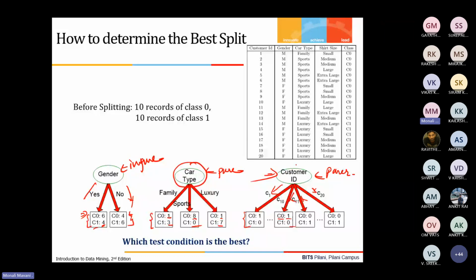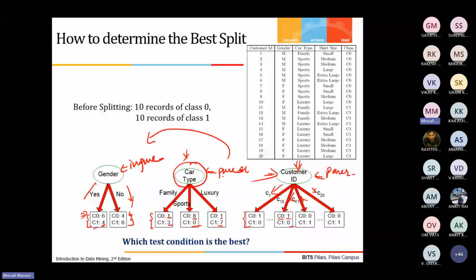In practice, we should not use customer ID. That we'll discuss in the next class. But out of gender and car type, a good node split is car type because it is purer compared to gender. So here we'll have the comparison, and the purer one will be taken, which is car type. So here the question comes, how do we measure the purity?